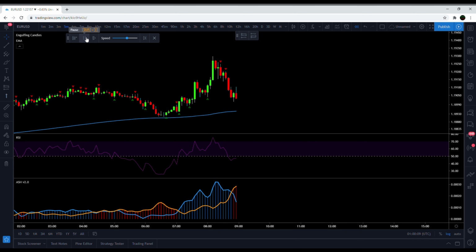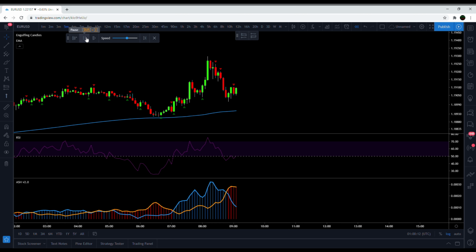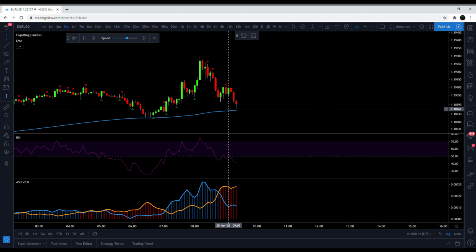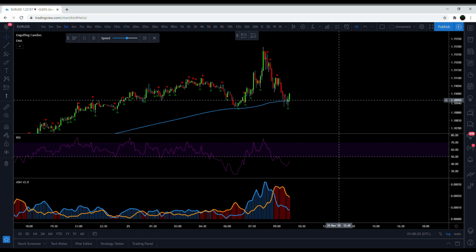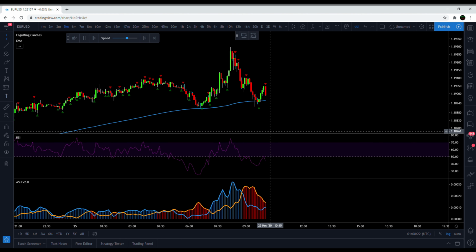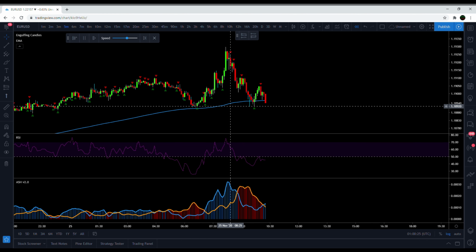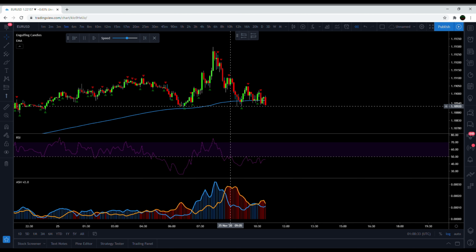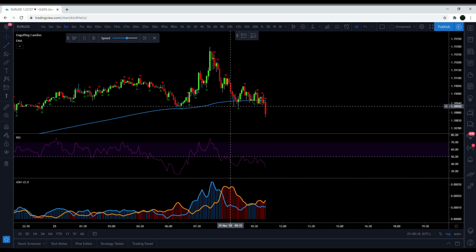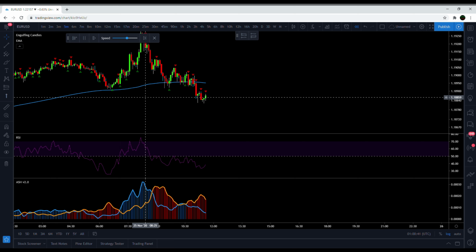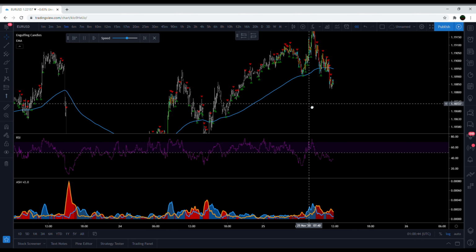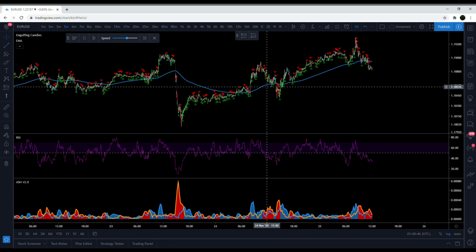Alright, so it's going to wait. Essentially, we want to get in on pullbacks of the trend, and the main trend was an uptrend. So let's see. Potential reversal or just another one of these big pullbacks.